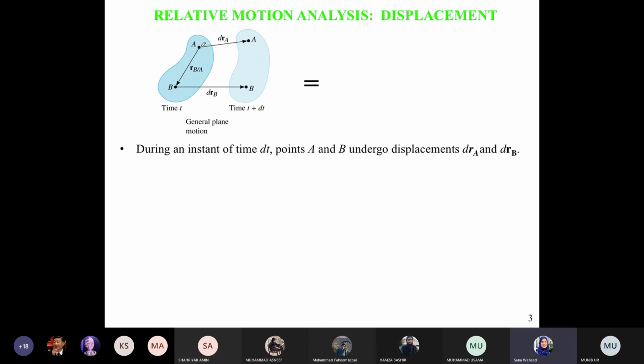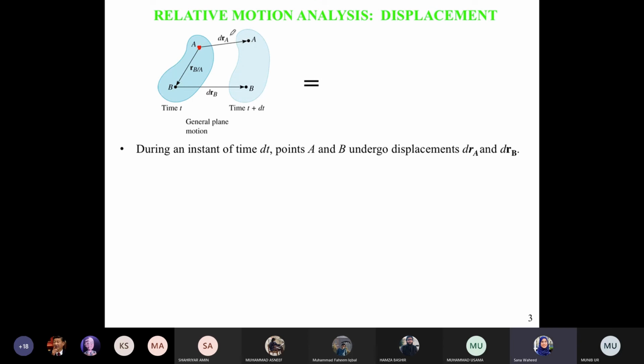Now clearly the point A, which is my base point, I'll keep taking A as my base point. So A has moved to its new position right here, and B has moved to its new position right here. Of course, the change in position is the displacement.